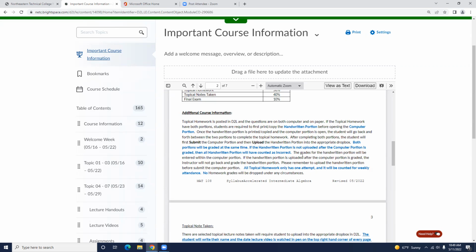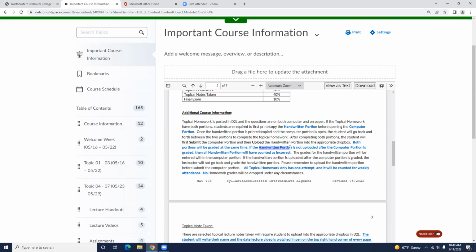The grades for the handwritten portion will actually be entered inside the computer portion. So there were times where students uploaded the handwritten portion, but never submitted the computer portion. If you don't submit the computer portion, then I have nowhere to enter the grades for the handwritten portion. So that's the reason why you have to submit the computer portion and upload the handwritten portion at the same time.